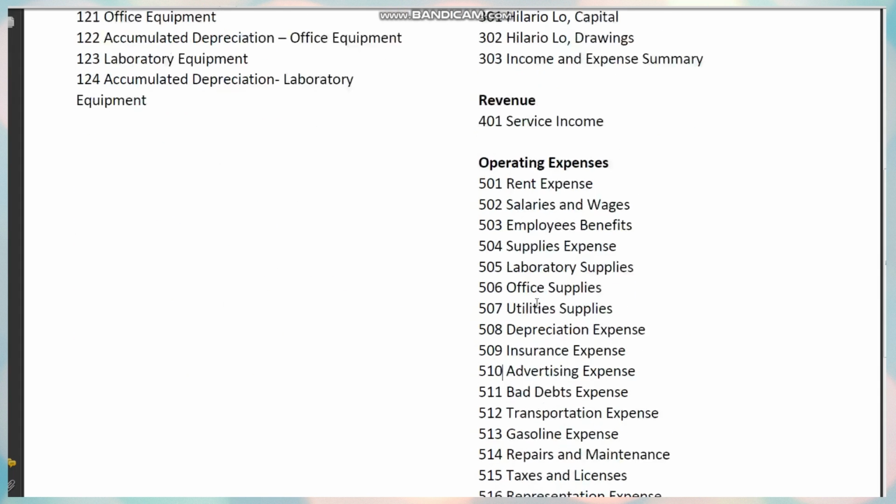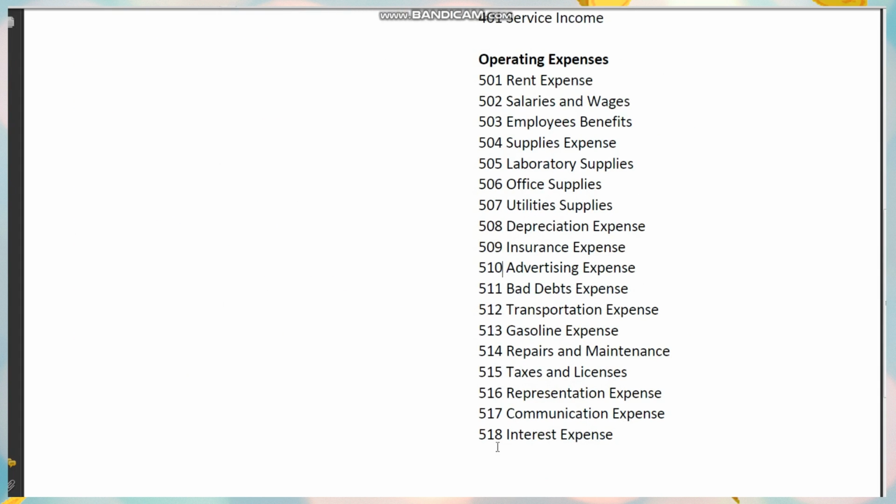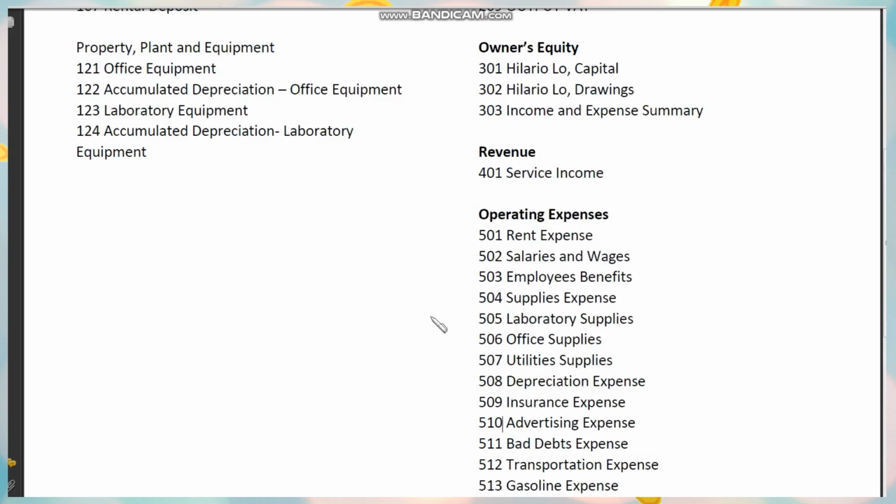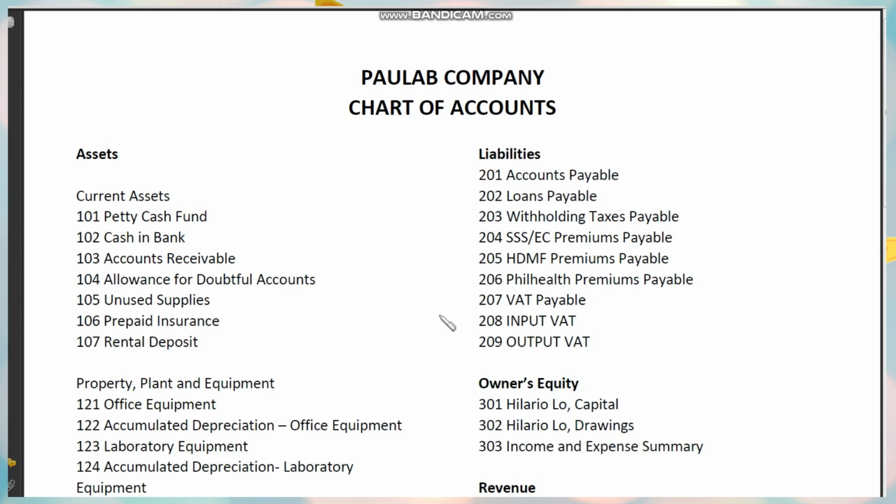If you want to add other expense accounts, then you can add 519, 520, like this. So we start with the chart of accounts, the listing of account titles. The account names listed again are determined by the head of accounting or by a systems analyst who designed the accounting system at the start of the business.